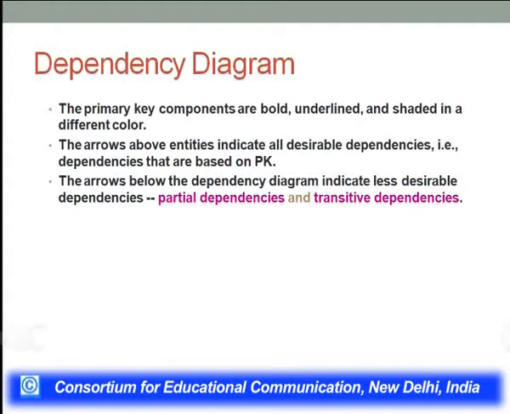The arrows between the entities indicate all desirable dependencies, that is dependencies on primary key, whereas the dependencies which are on non-key attributes or on part of the primary key are less desirable dependencies, which are shown by lines or arrows towards the bottom of the dependency diagram.